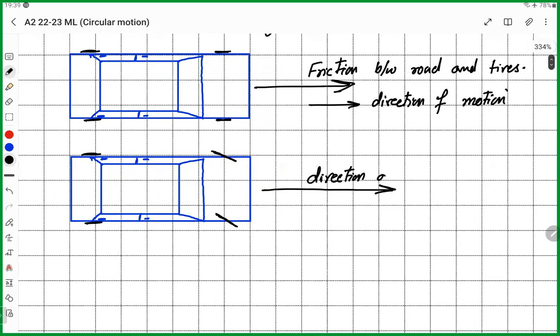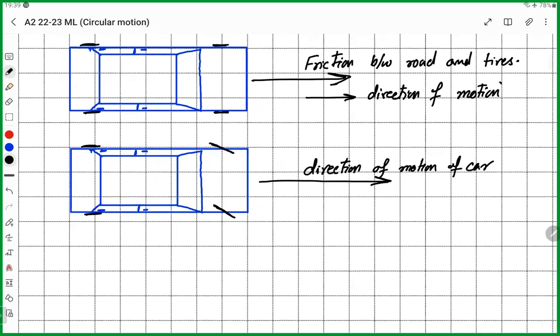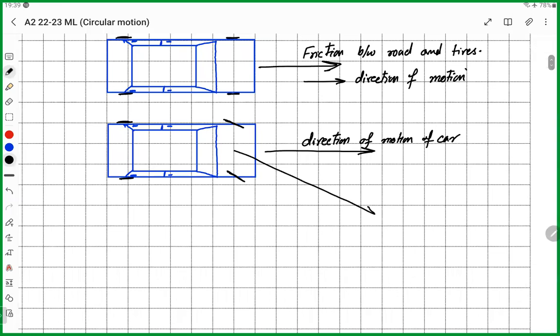This is the direction of motion of the car, but now the direction of force is this way, friction between road and tire. So there will be two components. One component of force is like this, and one is like this.